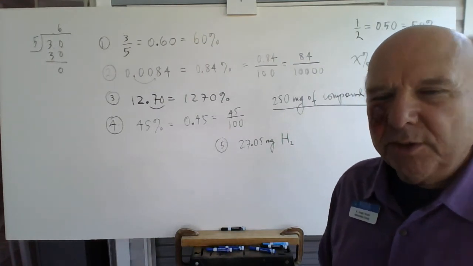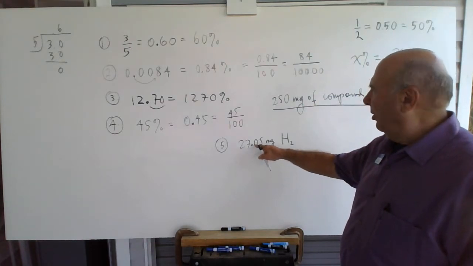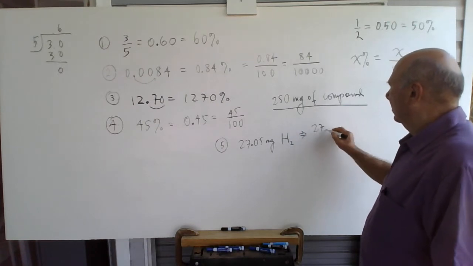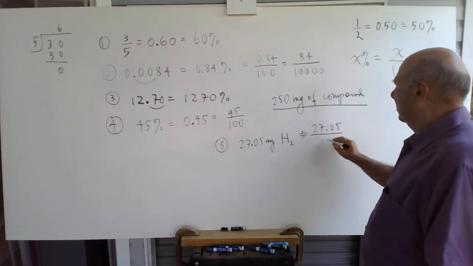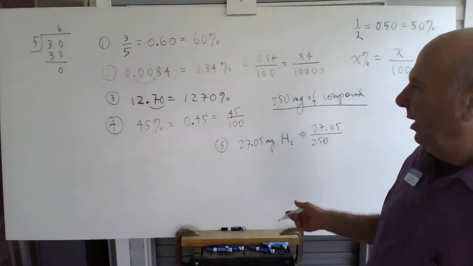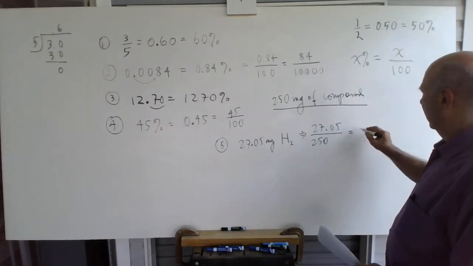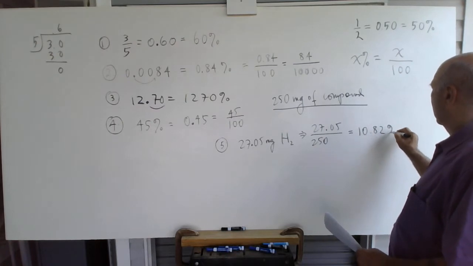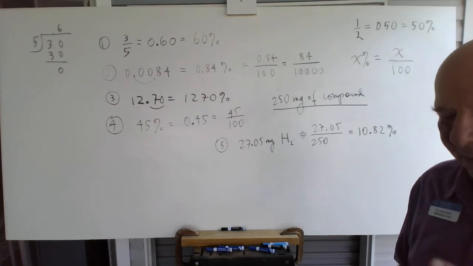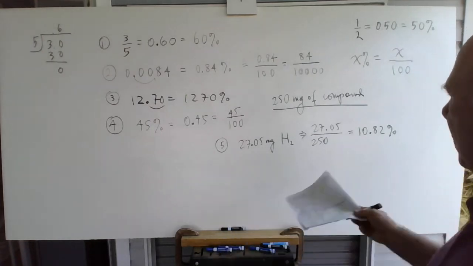What's the percentage? Well, I take the part that I know divided by the total. Of course, the milligrams would cancel, so I'm not going to write them. And when I do the long division, or in this case, the calculator, I would get the answer rounded to the nearest 2 decimal places. Nearest 1/100th percent, so 2 decimal places.